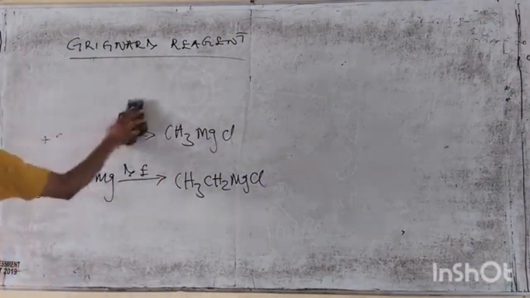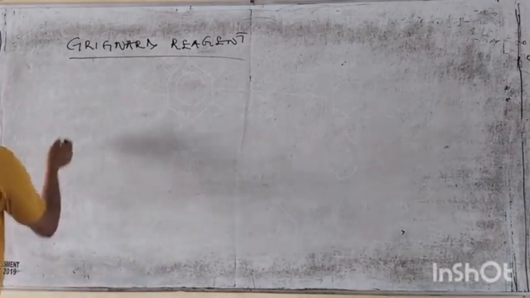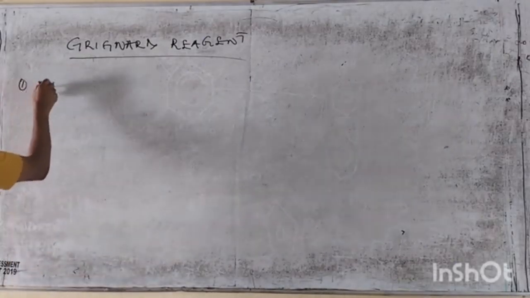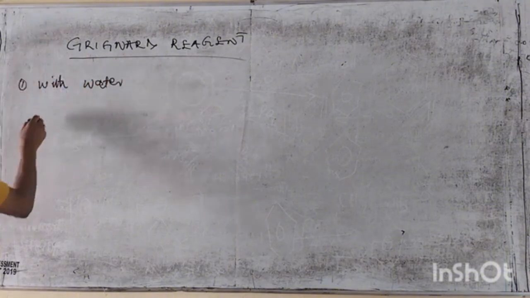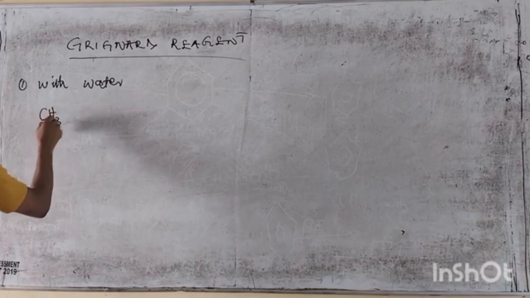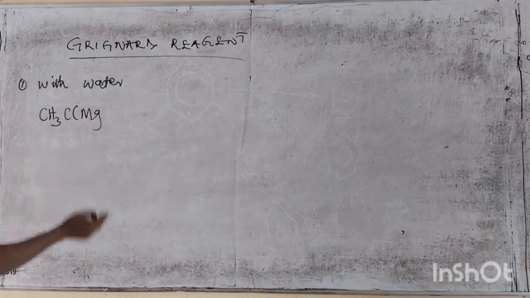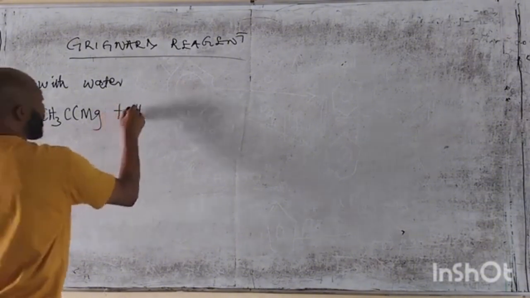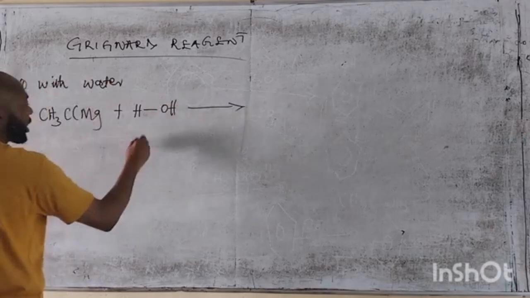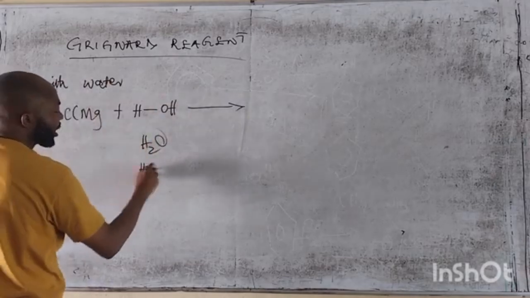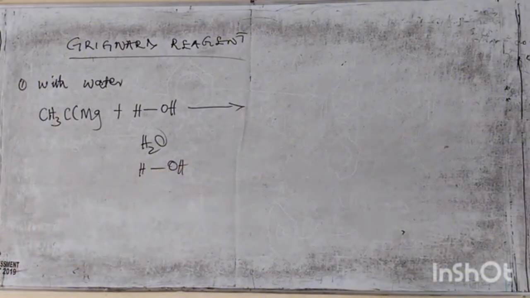Let's react. Reaction one, with water. I have my CH3MgCl, as the case may be, plus hydrogen hydroxide. Remember, that is water, H2O, which is the same thing as this. So hydrogen hydroxide is water.